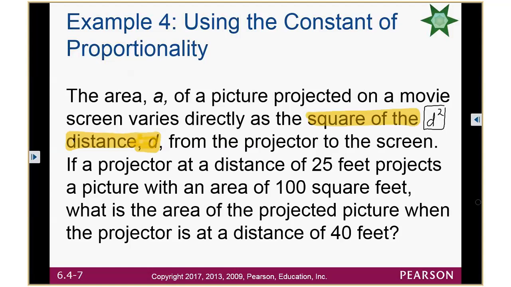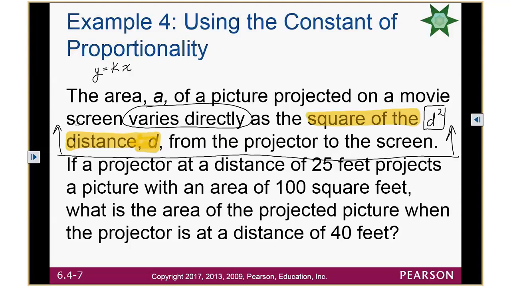Varies directly. Still 2 out of 13. From the projector to the screen, okay, just stop. Stop right here. Everything above here is figuring out the what? The formula. So we got y is equal to k times x.